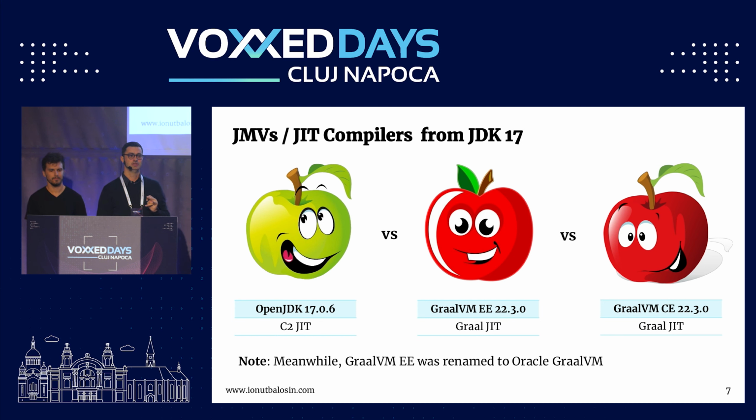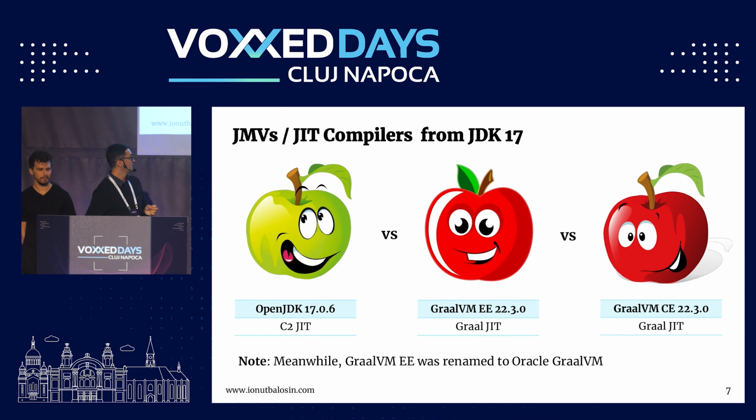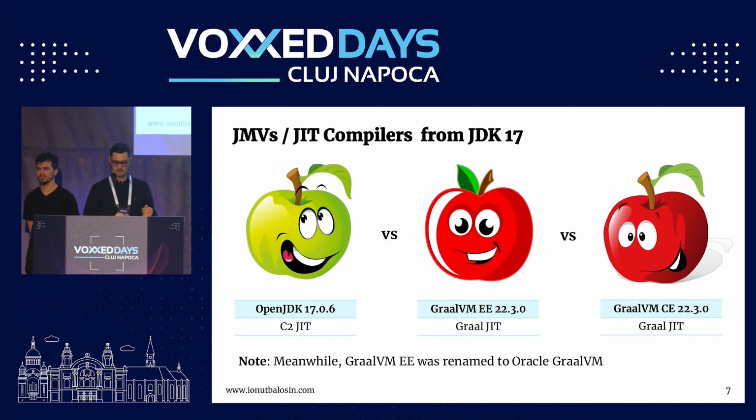Or Azul, Zulu, or Prime? Zulu, okay, good. In a nutshell, what you have in Zulu is HotSpot based, it's C2 actually. So you end up in the first use case in this path. All the others depend on whether you use the community edition or the enterprise edition, here it's clear.